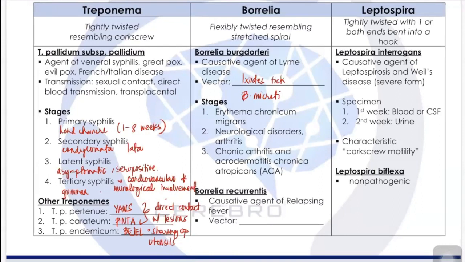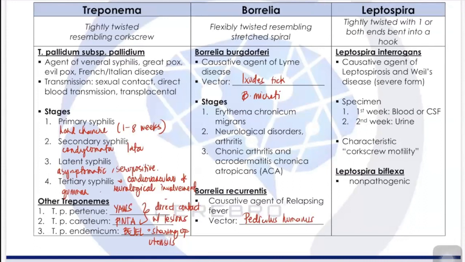So there can be a co-infection with Babesia microti. Then the causative agent of relapsing fever is Borrelia recurrentis, and the vector is Pediculus humanus, or the human louse. Okay? Then lastly, we have the Leptospira.